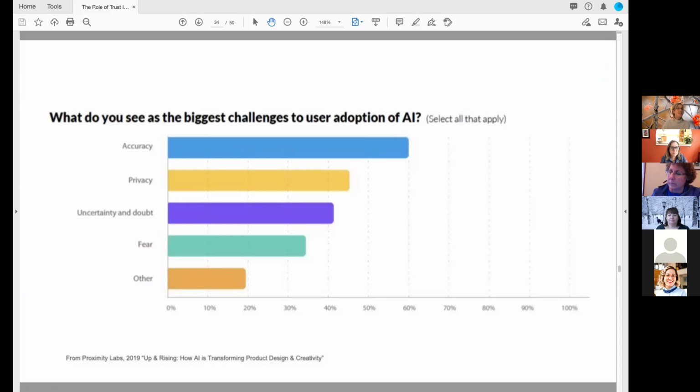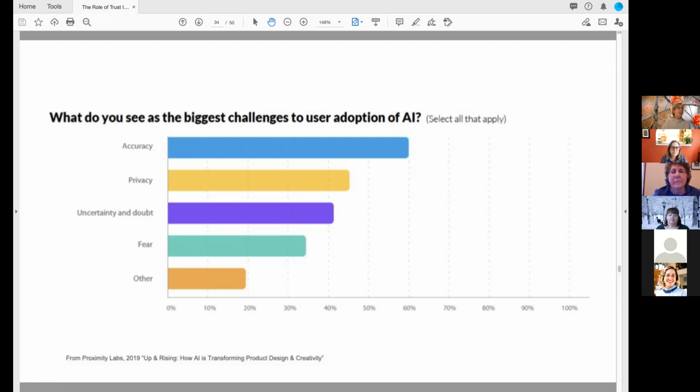If inaccurate, if it's making mistakes, not so good. And the more of a risk it is to our health and our security, our welfare, the less we like it. Privacy, doubt, and fear. Obviously, those things, if it's threatening, then we don't like it.